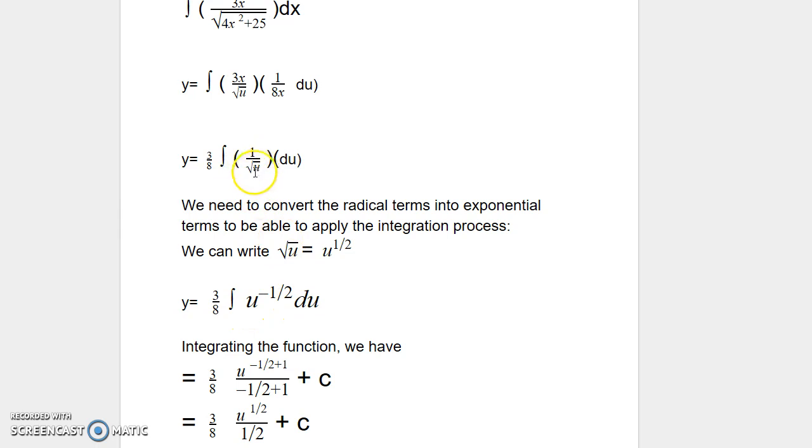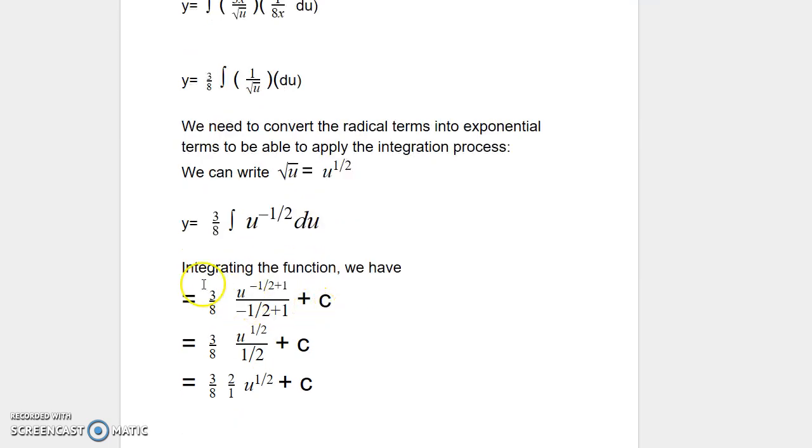When we have an exponential term in the denominator and we bring it to the numerator, the sign of the exponent changes. So a positive exponent becomes a negative exponent, like that.